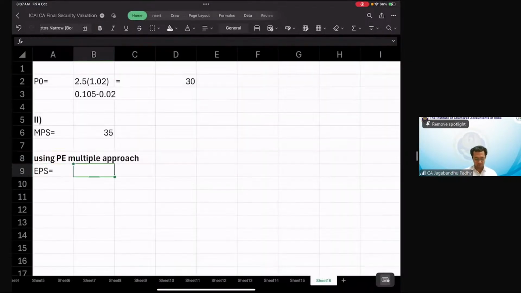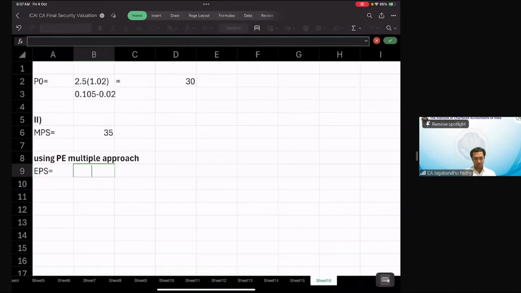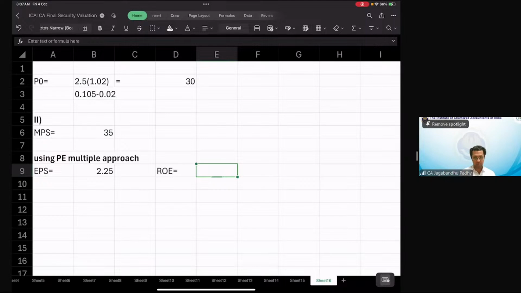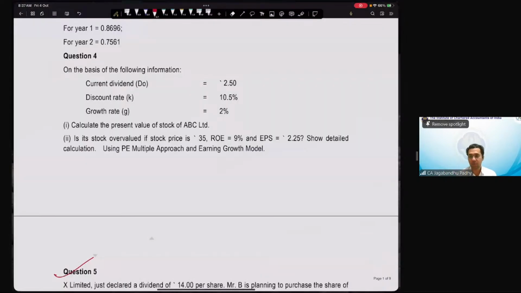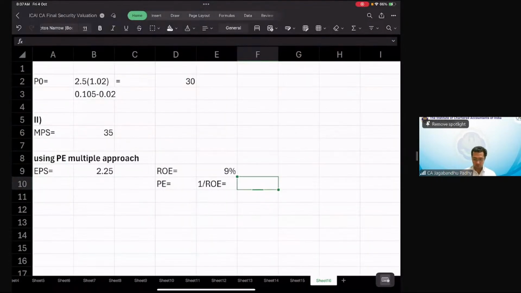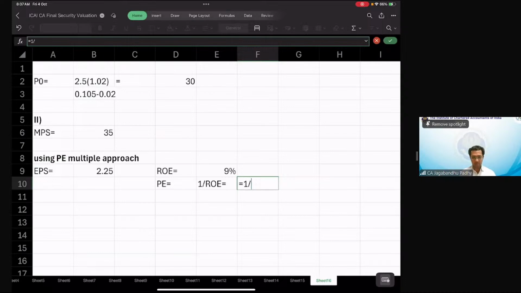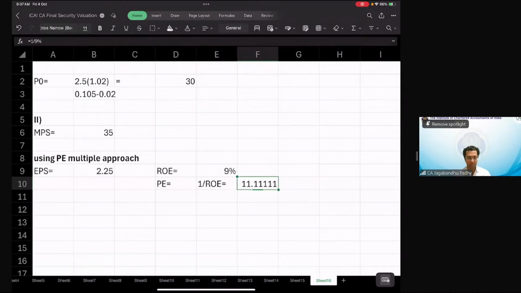EPS is given as 2.25, but the question has given us the return on equity number. Return on equity is 9%. Can I say PE will be what? 1 divided by 9%, which is 11.11. Okay. I hope you're aware of this.